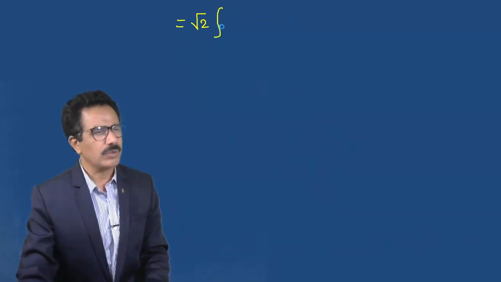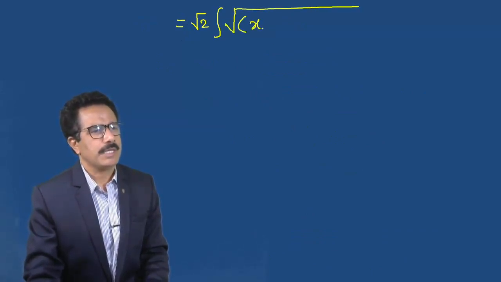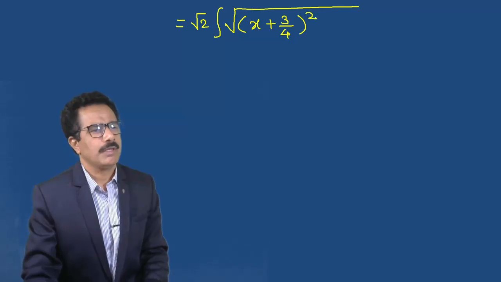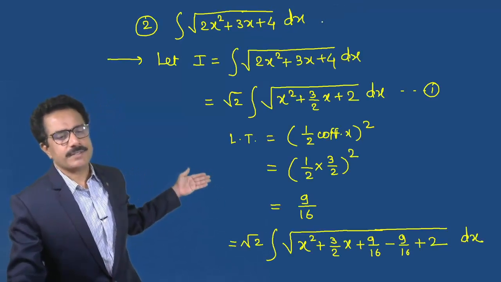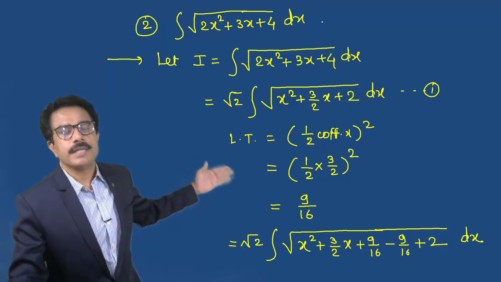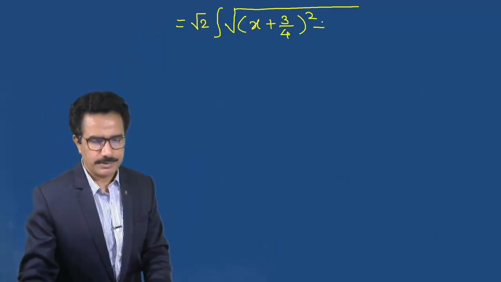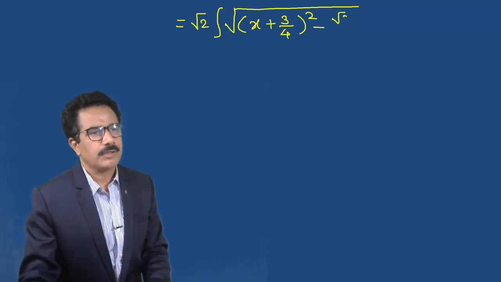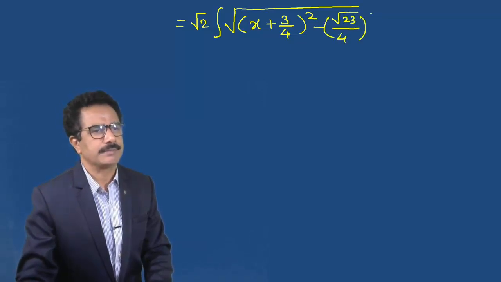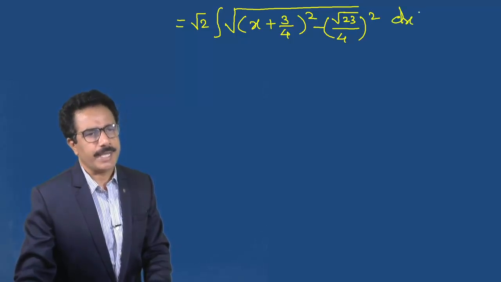So we can write root 2 into root of (x plus 3 by 4) bracket square minus, here it comes 16 times 2 is 32, minus 9, 32 minus 9 means 23 by 16, so 23 by 4 bracket square, into dx.